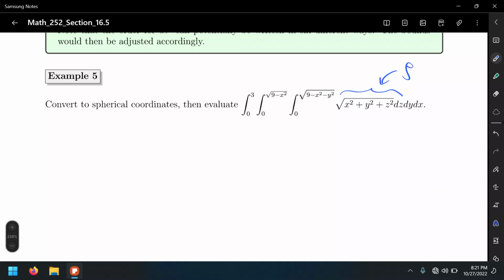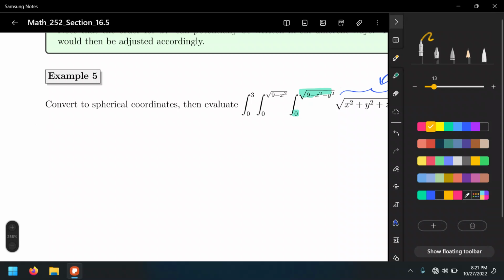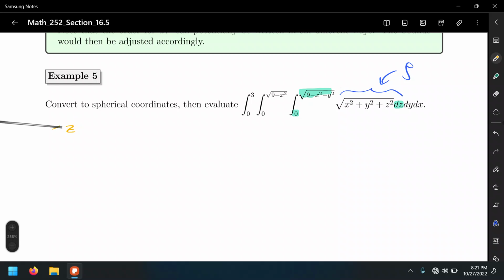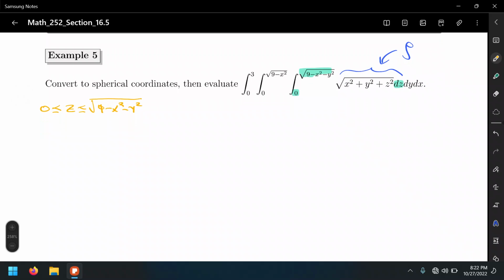So the innermost integral is telling us that z is varying between 0 and the square root of 9 minus x squared minus y squared. Now let's look at the rightmost side of the compound inequality.